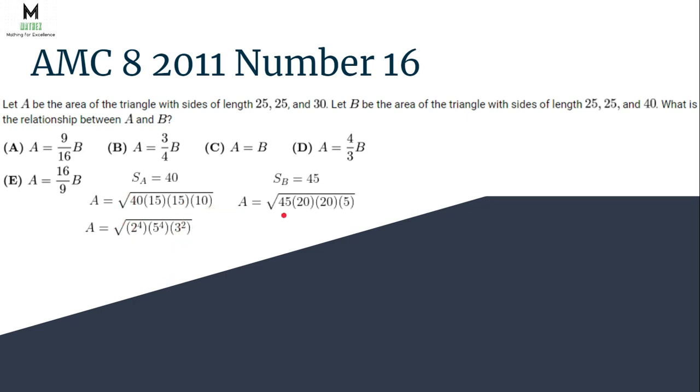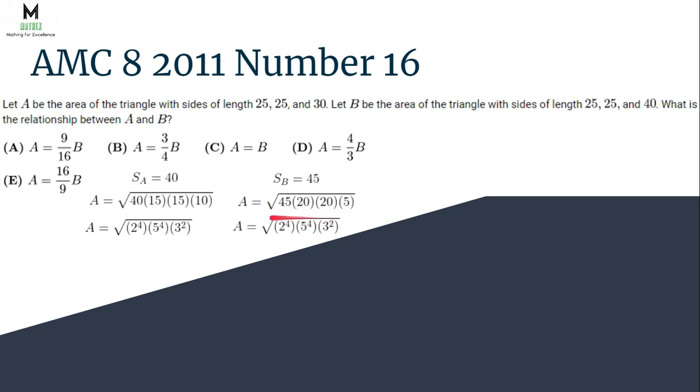And we also notice that if we do the exact same thing with the other equation, taking the prime factorization of the numbers inside the square root, it comes out to be the exact same thing, because we would take two squares from the 20s and take one 5 from each of the terms and a 3 squared term from the 45.